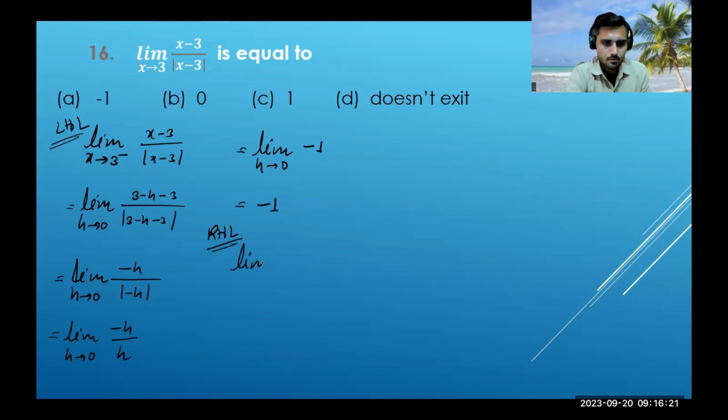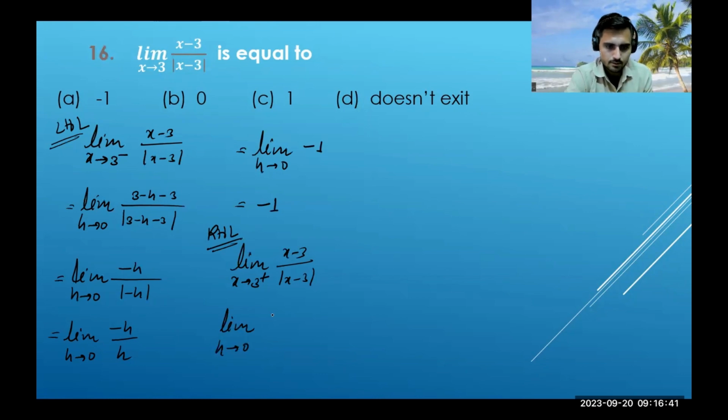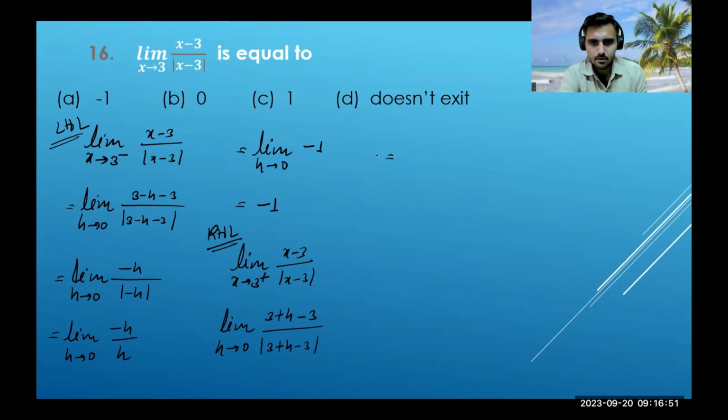So limit x tends to 3 plus, right? So we'll write here the same function, x minus 3 upon modulus of x minus 3. So now we'll put h tends to 0, and we'll put here 3 plus h minus 3 upon modulus of 3 plus h minus 3, right? So limit h tends to 0.